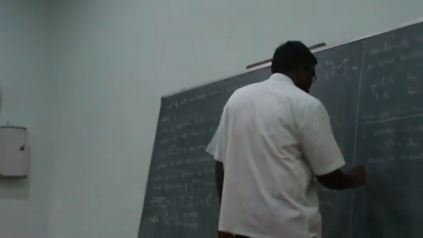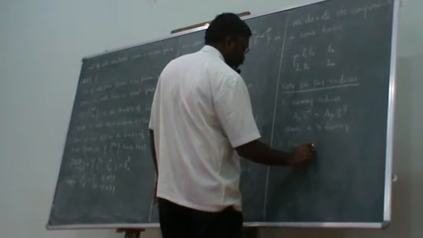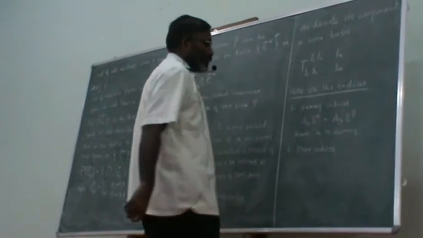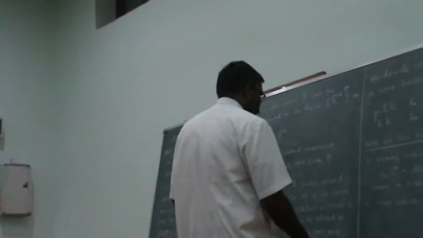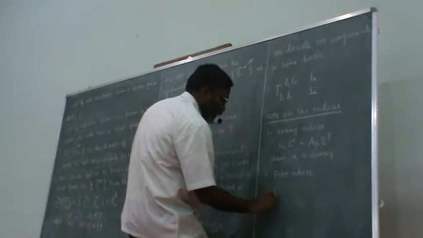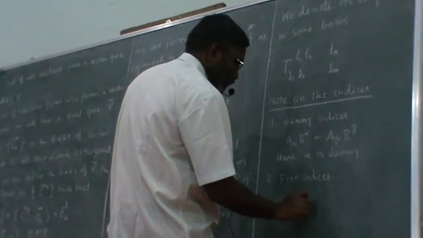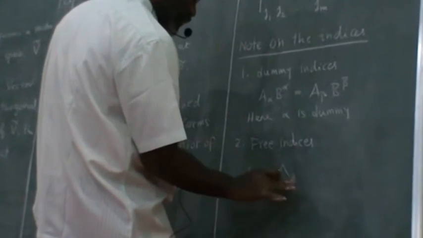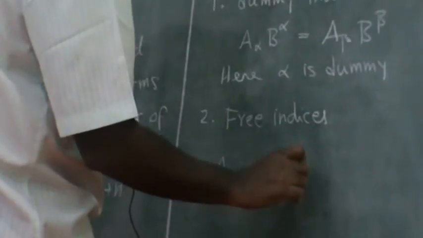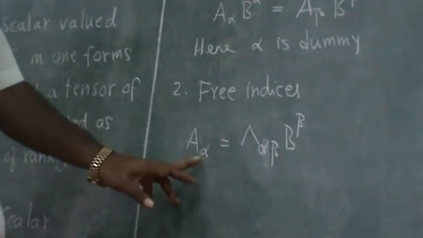On the other hand, there are certain things called free indices. Free indices are important because they should be preserved on both sides of the equation. For example, if I say A alpha is equal to some lambda alpha beta into B beta, then beta is summed over, but alpha is free.